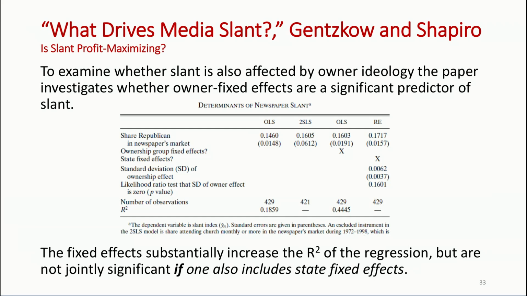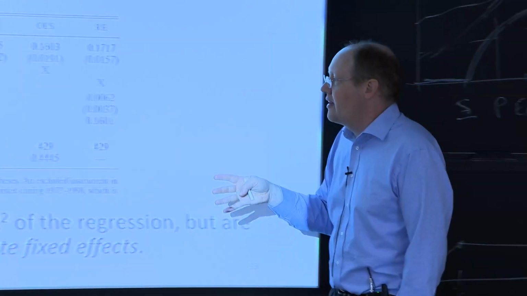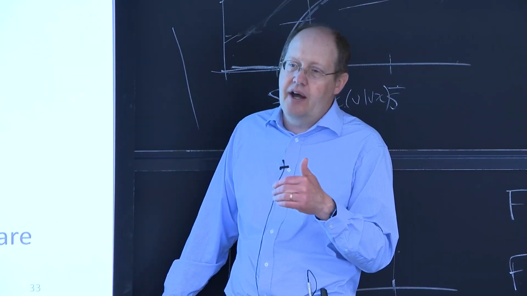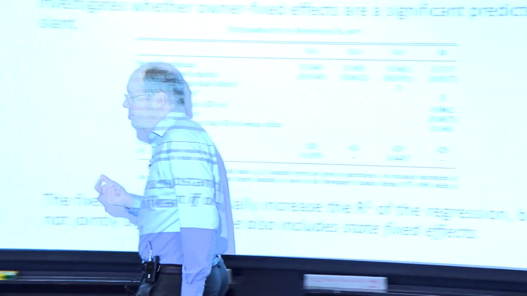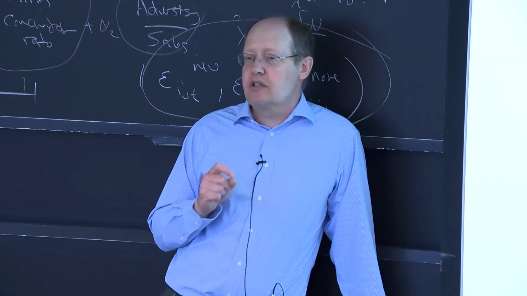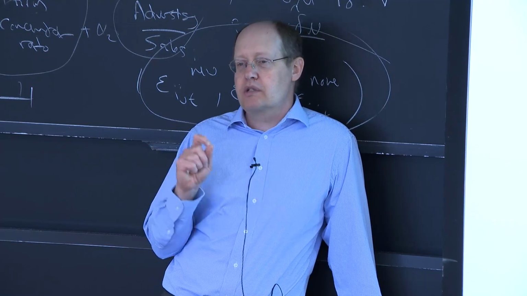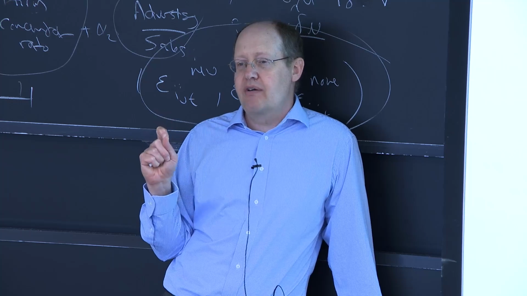So while the ownership fixed effects do increase the fit, you put in owner fixed effects and state fixed effects, suddenly you can't tell whether the owner effects are actually there or not at all. So they take this to argue that there isn't much evidence of owner slant. It looks like the Rupert Murdoch is just making money story works pretty well here, and it's hard to say that there's a lot of media bias other than that.